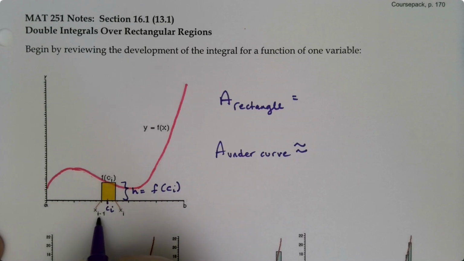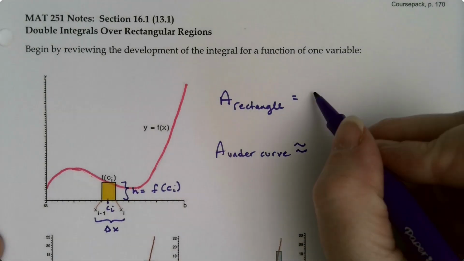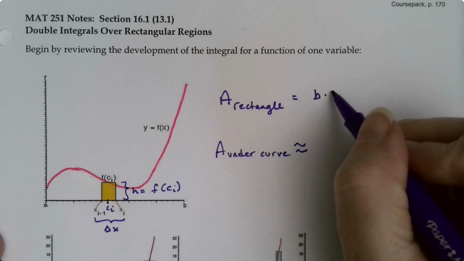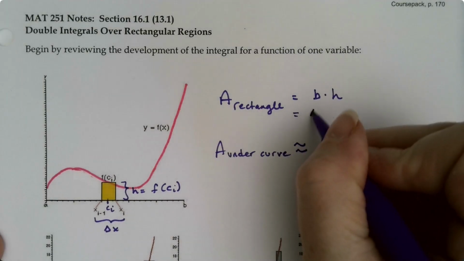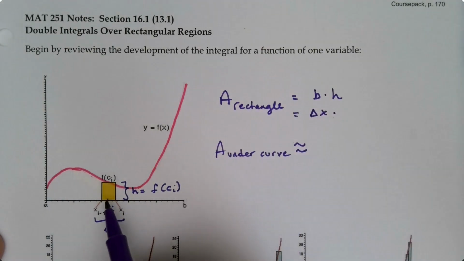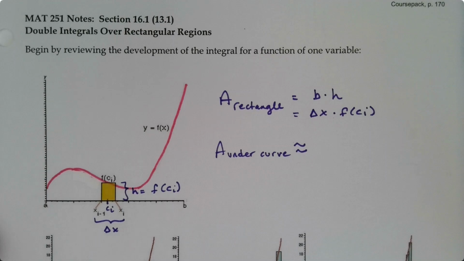And this distance from one side to the other of that rectangle is your change in x. The area of a rectangle, we've learned from basic geometry, is base times height. So the base of that rectangle is delta x, times the height, which is the function value at c_i, with c_i being some x value.